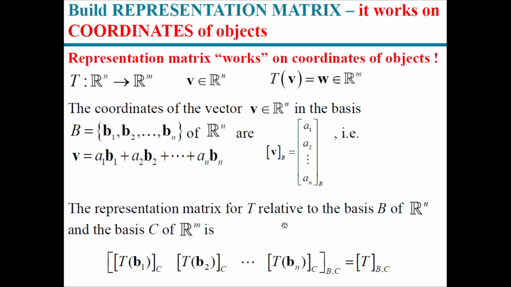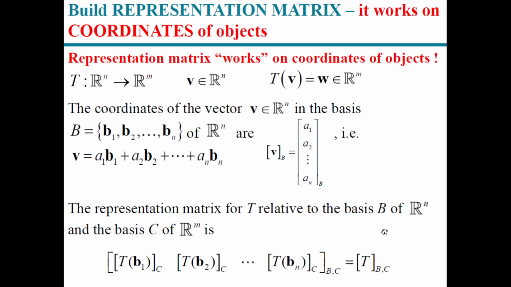If I make things more complicated, and I have a representation matrix for the linear transformation T relative to basis B for the inputs and some basis C for outputs, then I need to take each of the images, so TB1, and find its coordinates in basis C and put it in the first column. Take TB2, the vector, find its coordinates in basis C and put it in the second column, and so on.